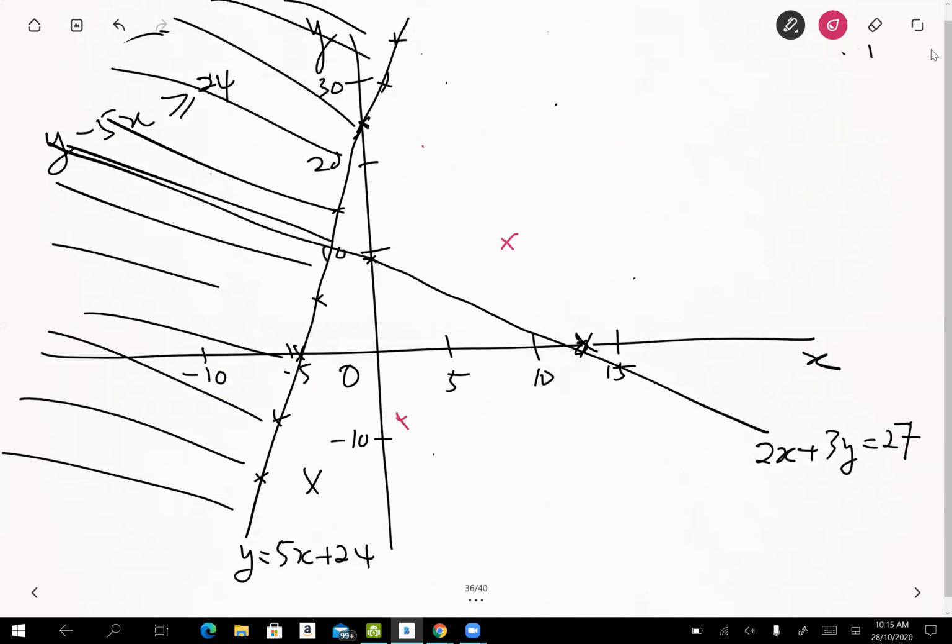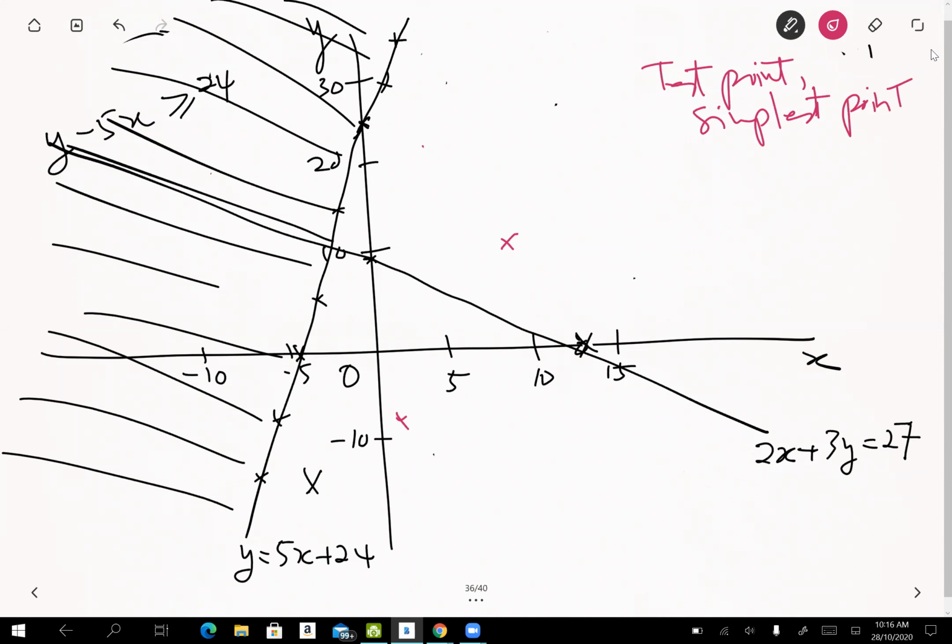Now when you do this test point, you want to be efficient. So you want to take the simplest point, so that when you compute, you compute the smallest number possible.